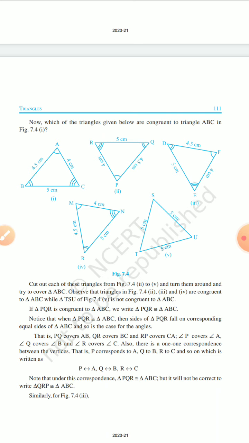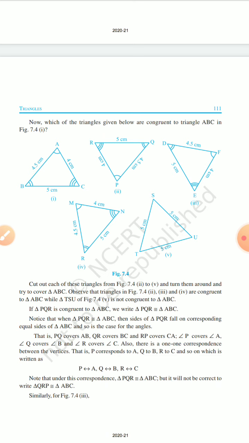So by clearly observing the sides of these two triangles, we can say that yeah, these two triangles can overlap each other. Also you can see that the angles are also same, right? Angle BAC or angle A is equals to angle P, angle B is equals to angle Q, and angle C is equals to angle R.